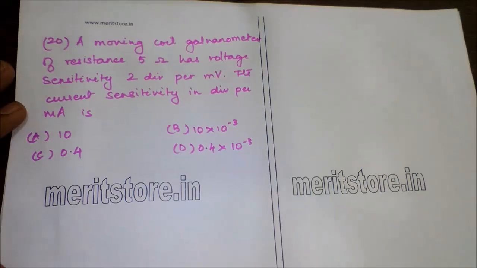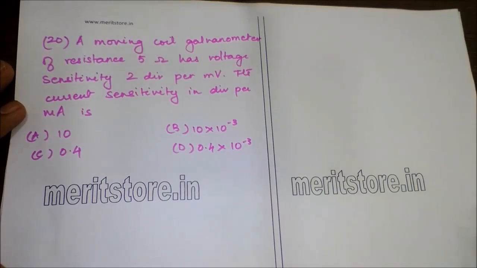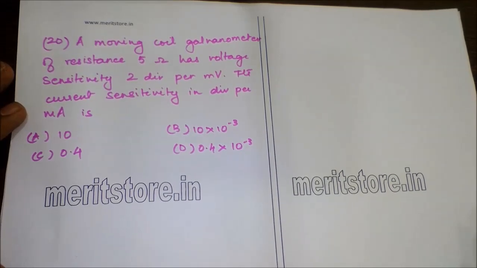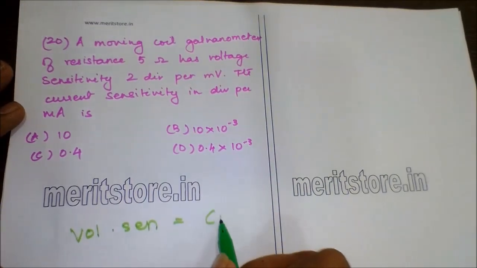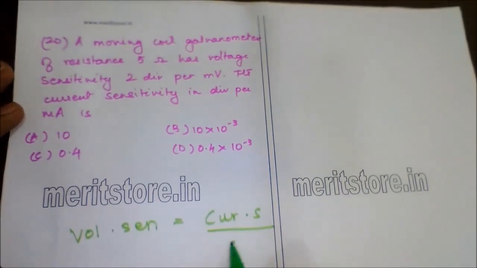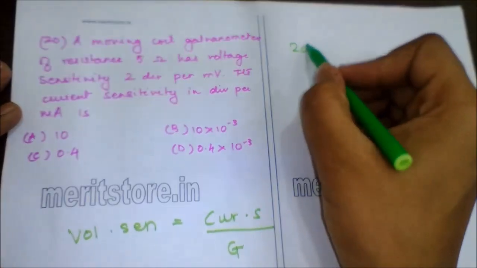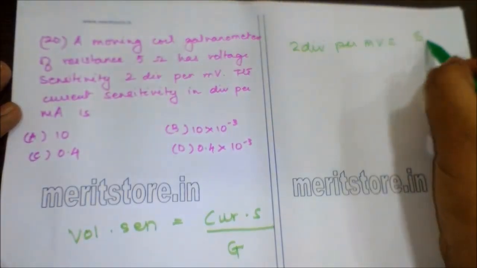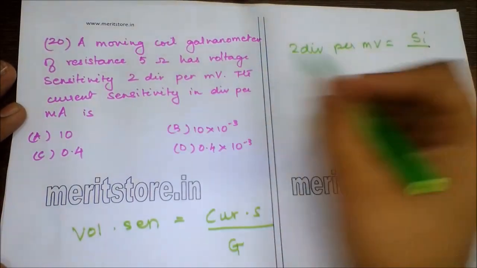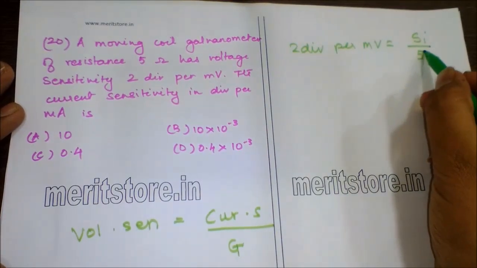Question number 20. A moving coil galvanometer of resistance 5 ohm has voltage sensitivity 2 divisions per millivolt. Its current sensitivity in division per milliampere is. So voltage sensitivity is equal to current sensitivity upon G. So 2 divisions per millivolt is equal to current sensitivity upon galvanometer resistance, which is 5 ohms.